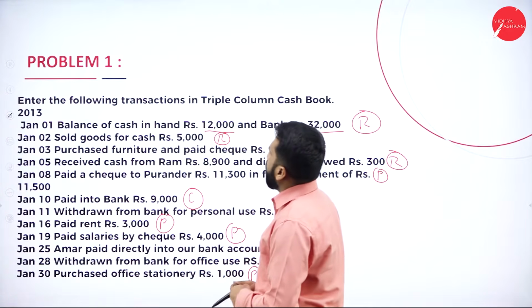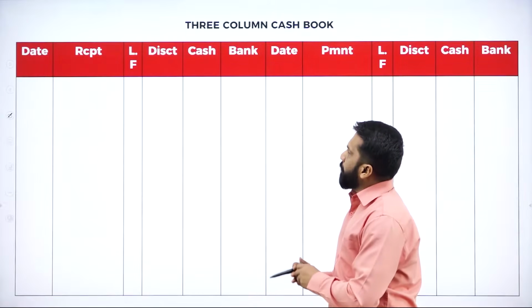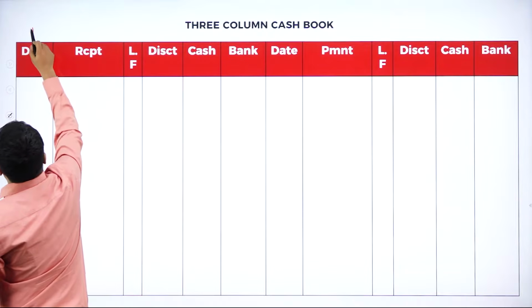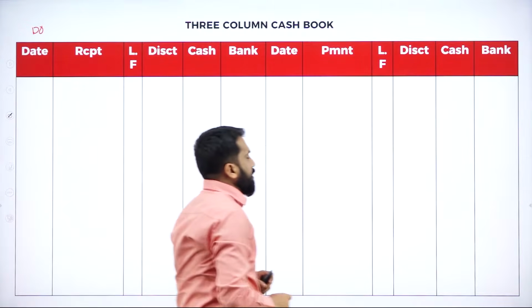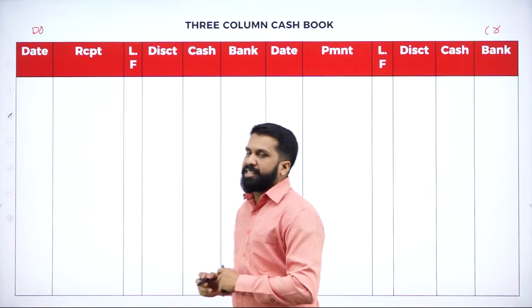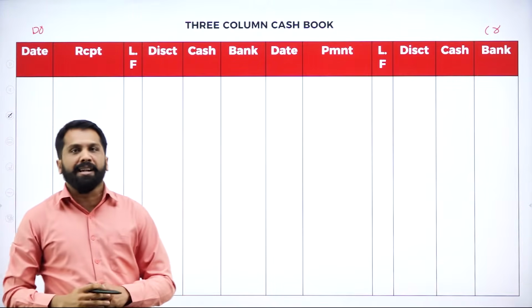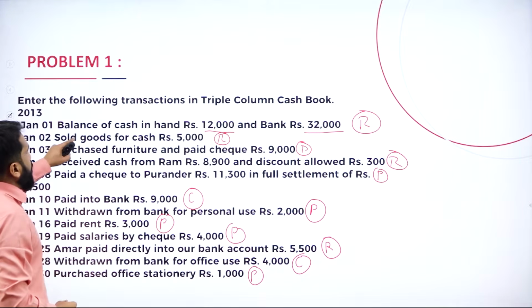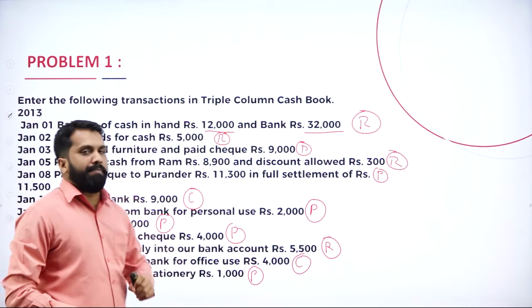Now, I'll go one by one. This is your answer. You are supposed to mention this as debit and this as credit. Your debit side as well as your credit side. Now, we'll go one by one. January 1st, balance in cash and balance in bank.